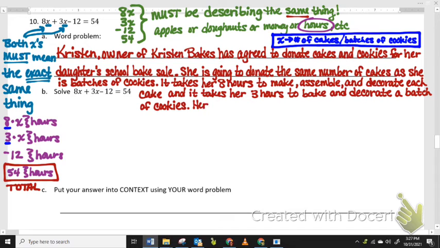So her daughter will help with 12 hours of the work.